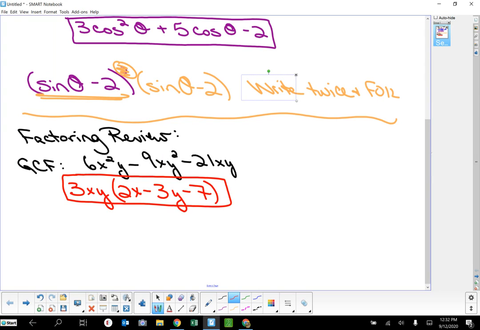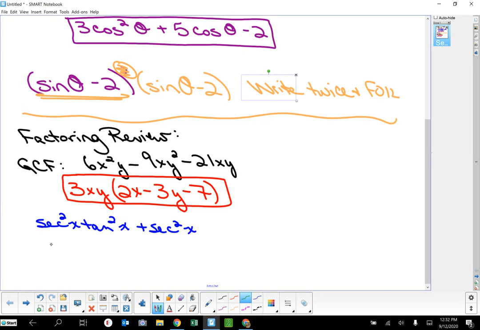All right, well, that can happen in a trig example as well. So let's say you have secant squared x tangent squared x plus secant squared x. Well, in there, we have one term here, the secant squared, tangent squared. Those are attached by multiplication, so it's one term. And then we have secant squared.